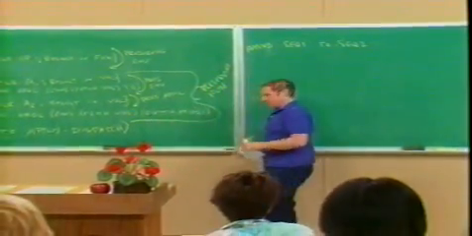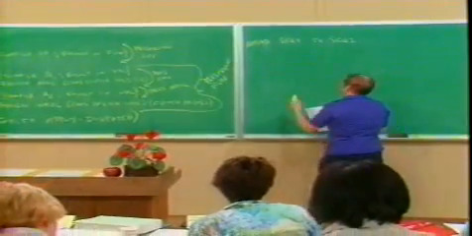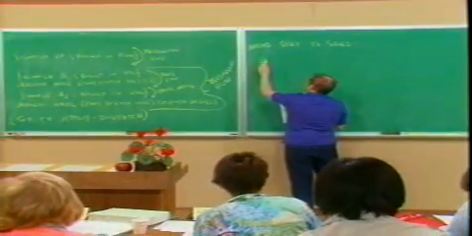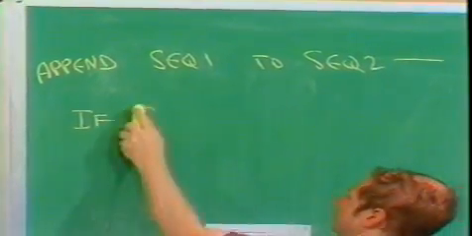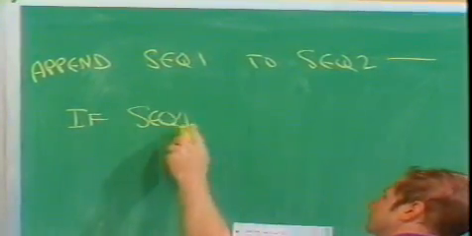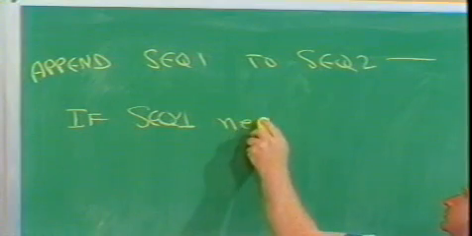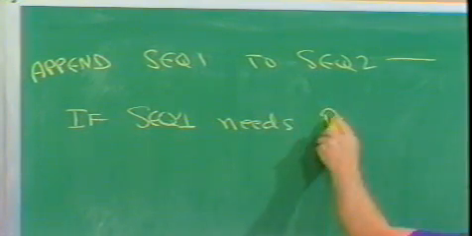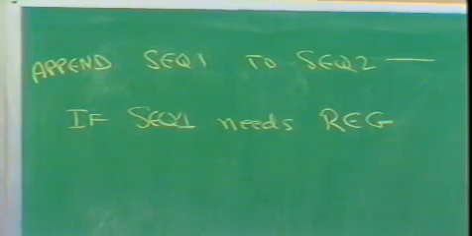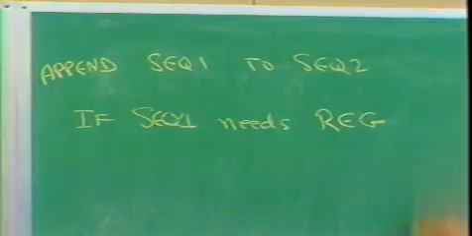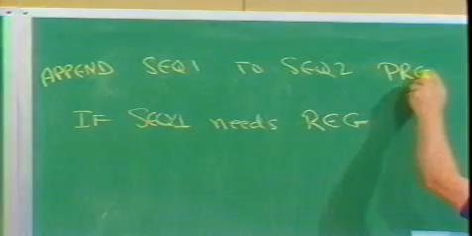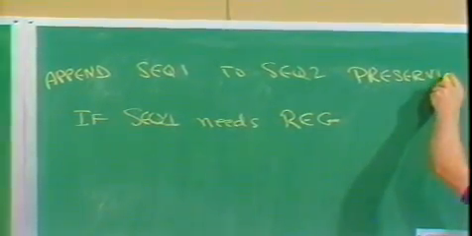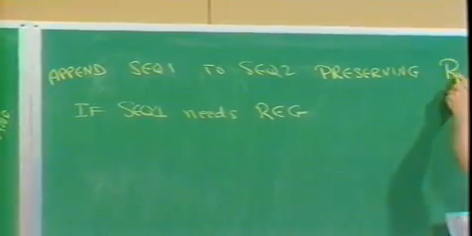So the actual append operation looks like this. What it wants to do is say, here's what it means to append two code sequences. So append sequence 1 and sequence 2, preserving some register.